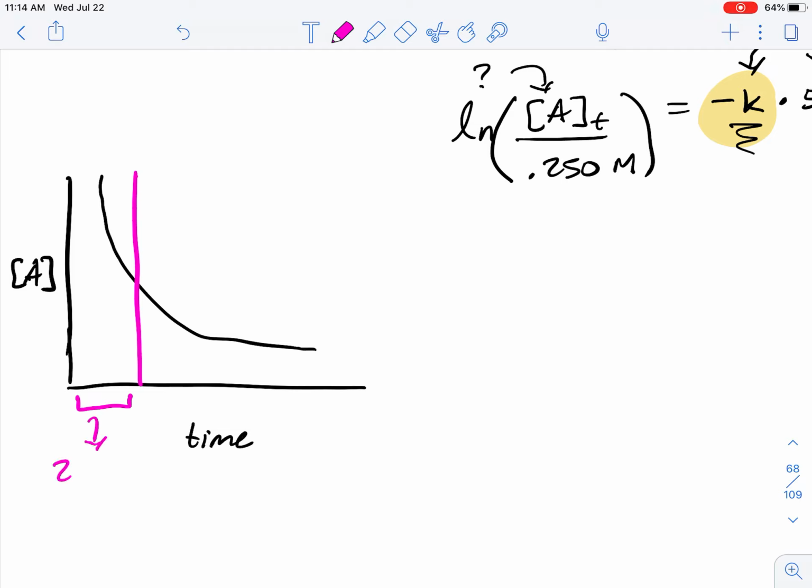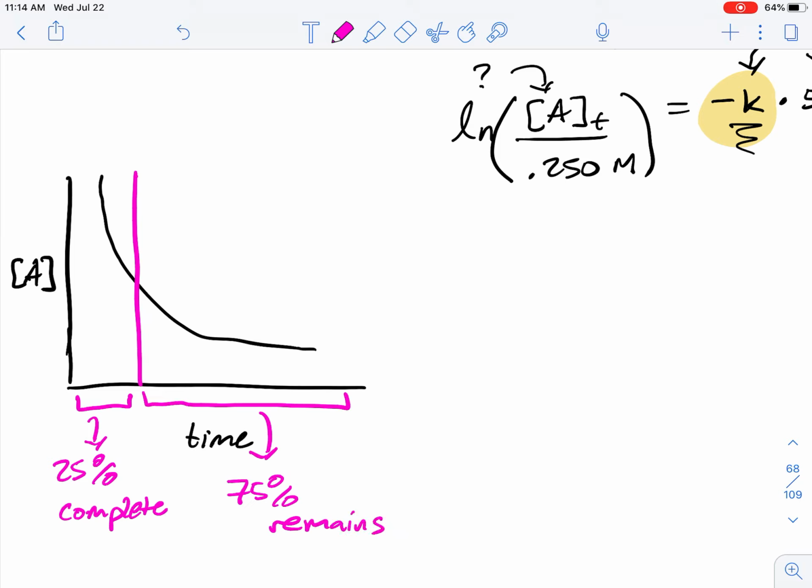If the reaction is 25% complete, then 75% remains. And remember, this term right here is always referring to how much remains.